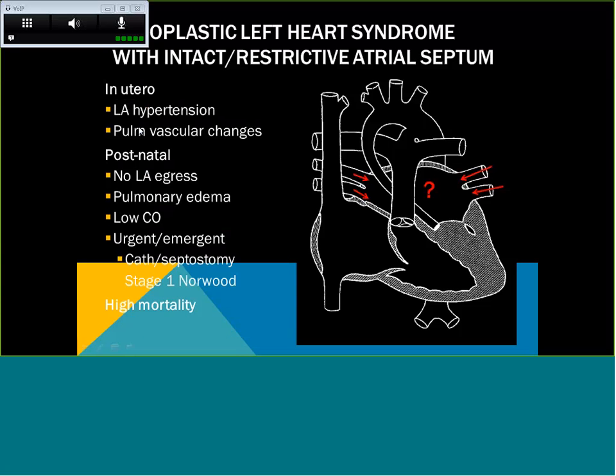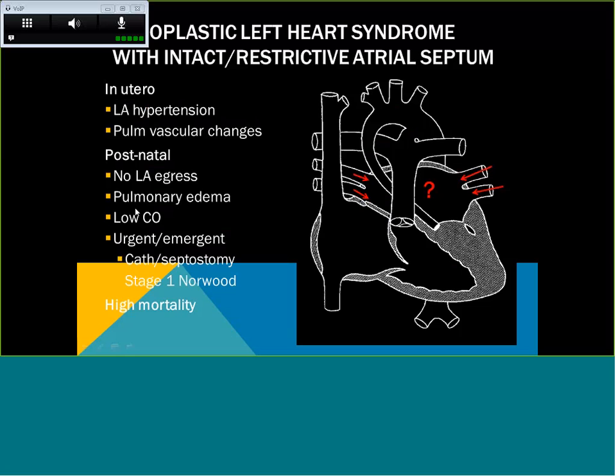So in utero, there's left atrial hypertension and pulmonary vascular changes, but postnatally, the oxygenated blood has to cross the atrial septum to get into the right ventricle, to get into the pulmonary artery, to cross the ductus arteriosus, and then supply the body. If the flow is completely hung up here, you can imagine after birth, rapid pulmonary edema, no pulmonary venous egress, and low cardiac output.